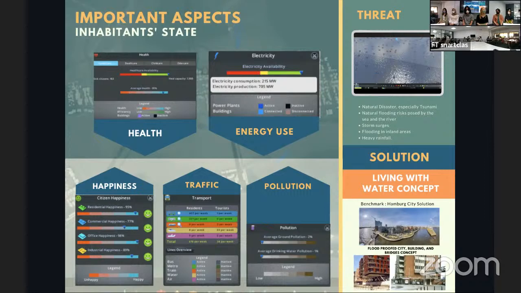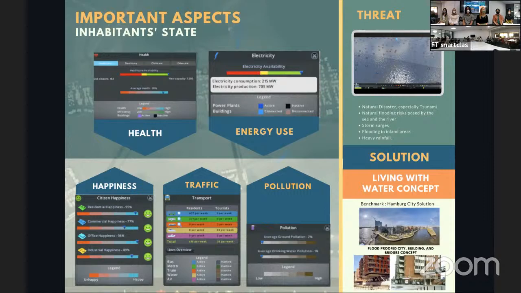And from that, we try to formulate a solution for our city, which is the living with water concept, which we benchmarked from Hamburg City in Germany, as they made their city a flood-proof city with buildings, walkways, and roads, so that when a natural disaster happens, the city is ready to handle it.